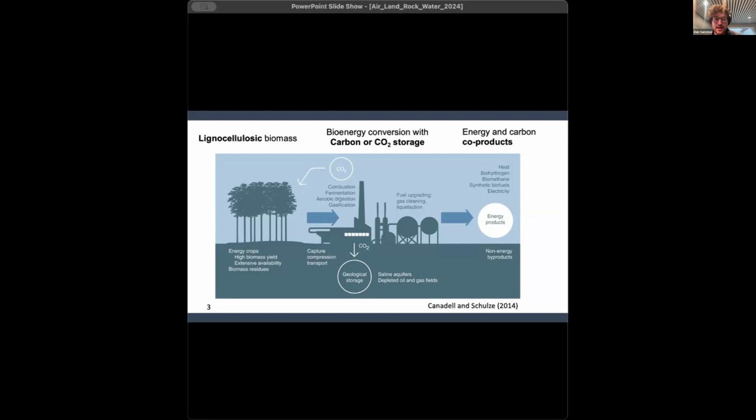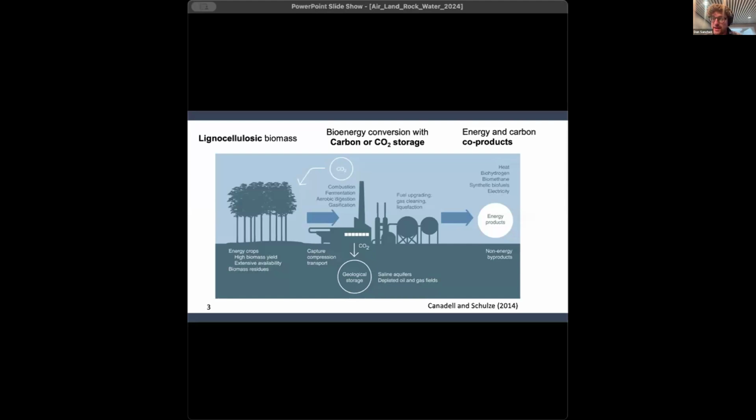The energy product can be heat, transportation fuels, liquid or gaseous, electricity, other energy products that we can make from biomass. And the carbon co-product is typically CO2 that is captured, compressed, and geologically sequestered several thousand feet underground, where we expect it to stay for centuries and millennia, and again, stay out of the atmosphere.